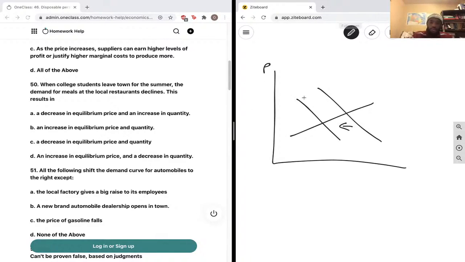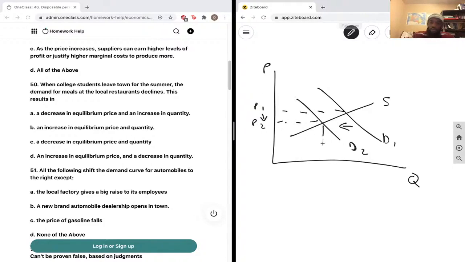Call this P, Q. Call this demand 1, demand 2, and S. So we said it's C, decrease in equilibrium price and quantity, because it causes a shift in demand. Equilibrium price goes from over here, call this P1, to P2. That shows the decrease.